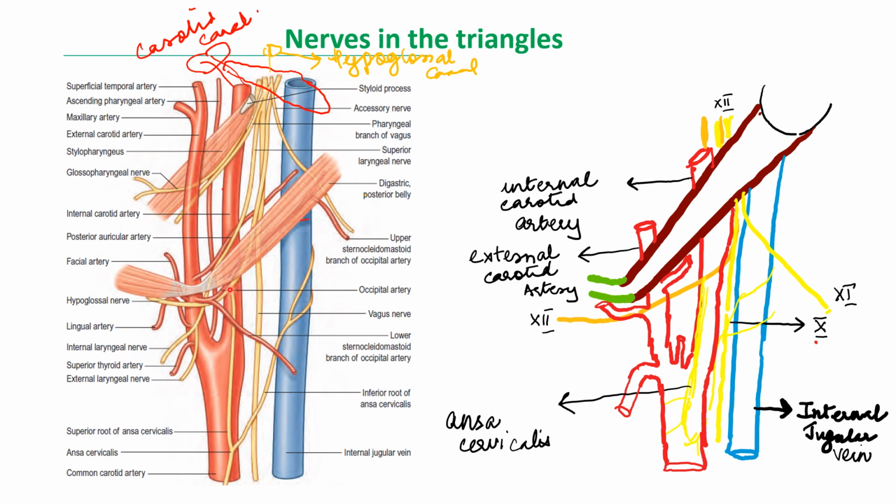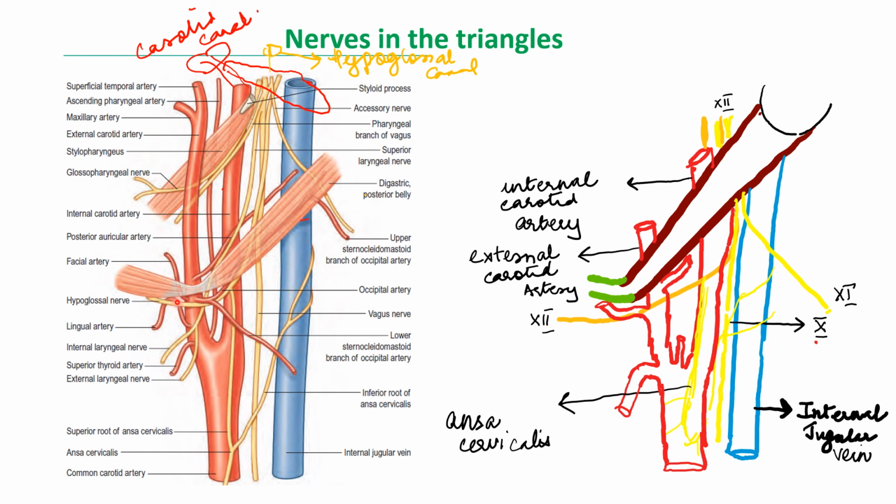Then it loops forward over the occipital artery, and then it loops over the lingual artery. This is the loop which helps us to recognize the lingual artery as well as identify the hypoglossal nerve. This looping of the hypoglossal nerve over the tortuous lingual artery is a very good way of identifying both these structures.